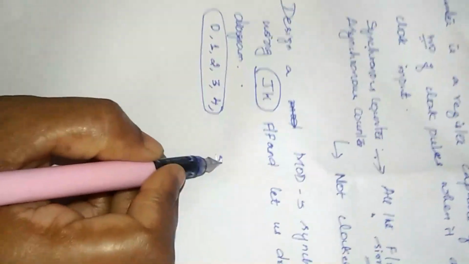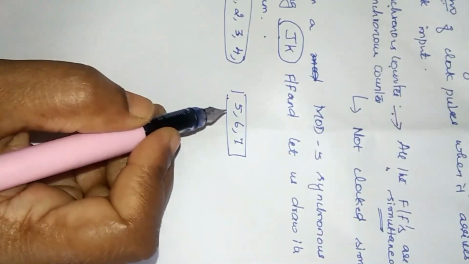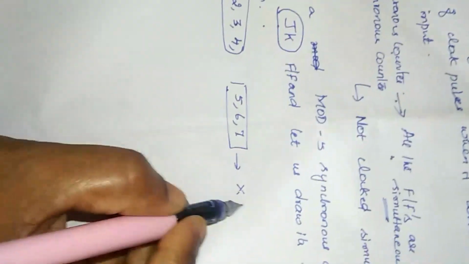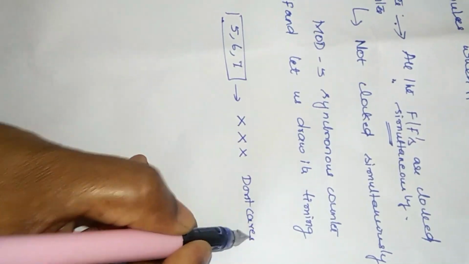From 5, 6, 7 states, you have something called the don't care case, which I will explain to you in detail.